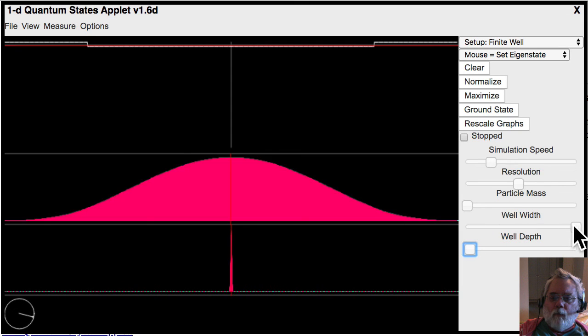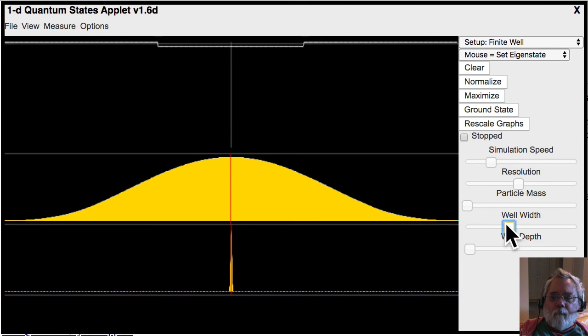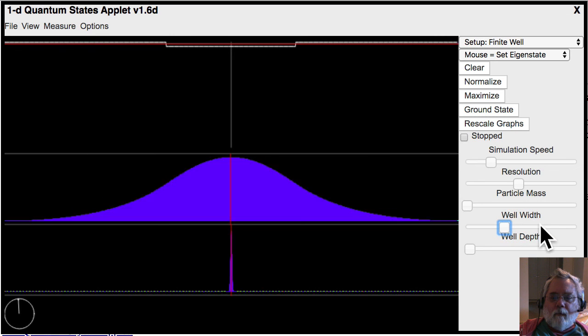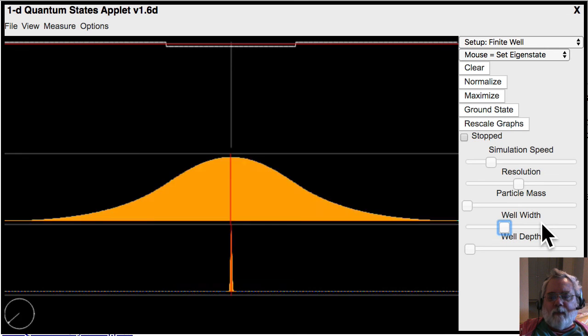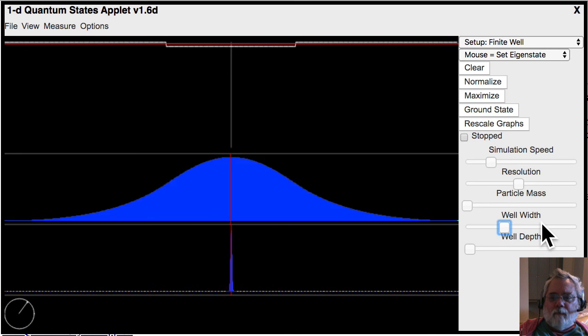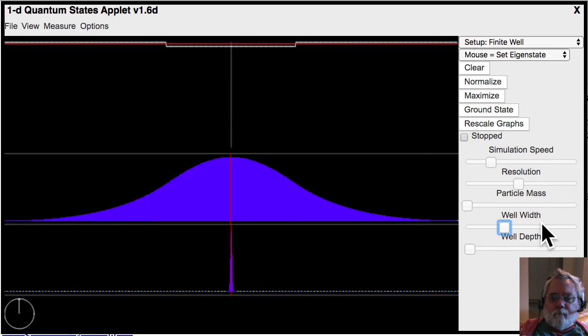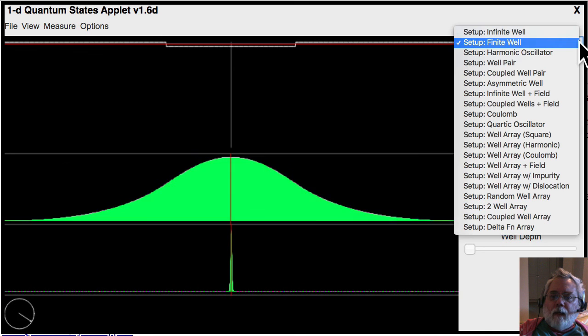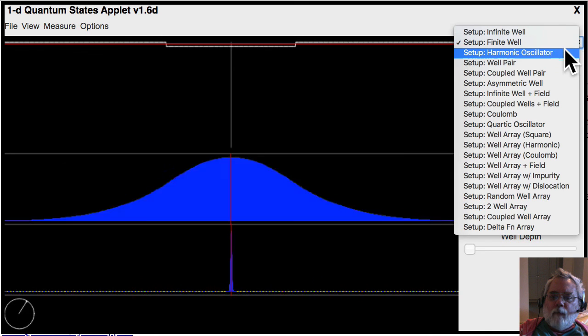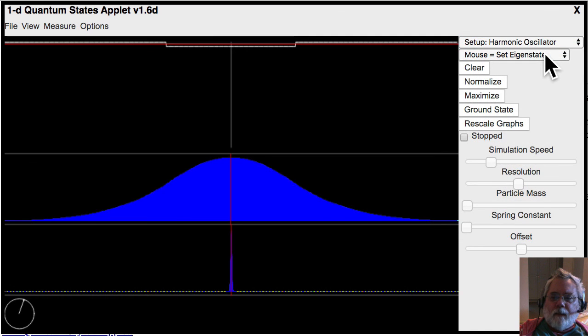Let's reduce the well width. Here we can definitely see that there is probability density outside the well for finite well. Okay. If you want, you could play with harmonic oscillator.